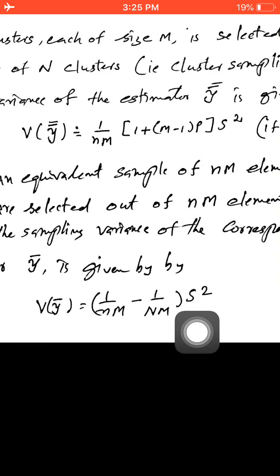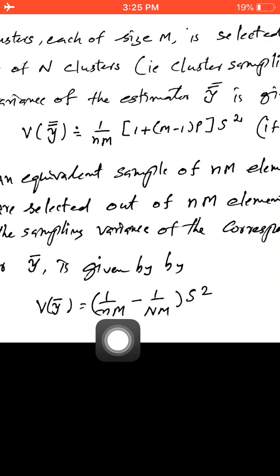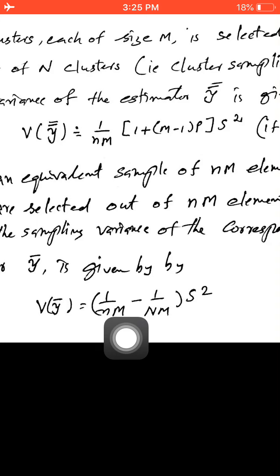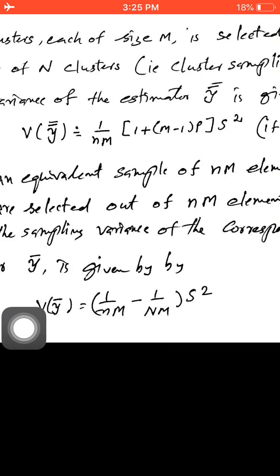In usual simple random sampling of size small n, we will be using 1 by n minus 1 by capital N into s square, but here we are using nm and capital Nm, because the population is considered to be of capital Nm elementary units, and the sample is considered to be small n into m elementary units. So the comparison of this variance should be with this variance. Okay.